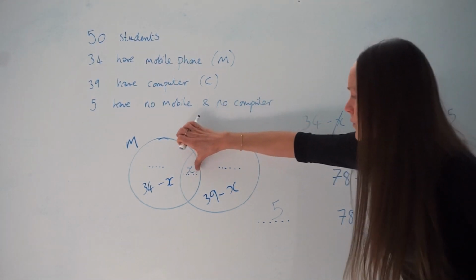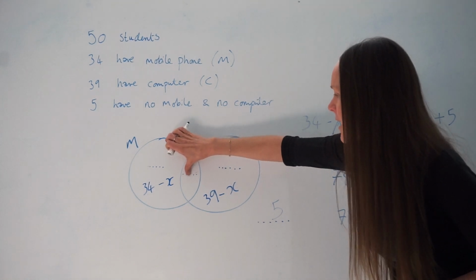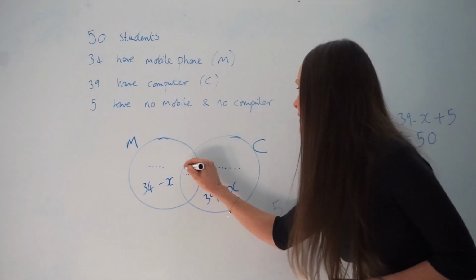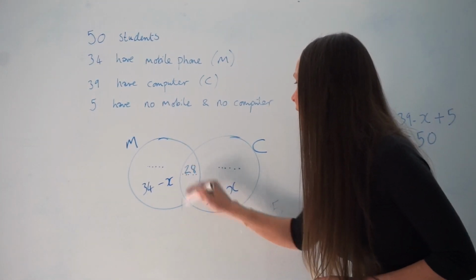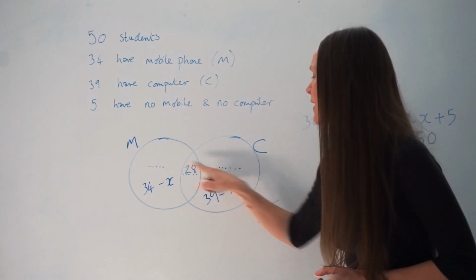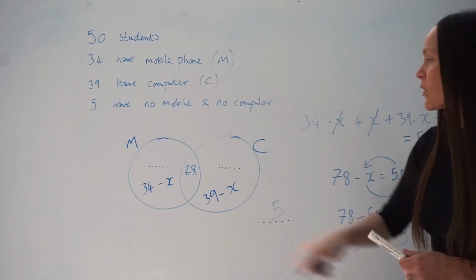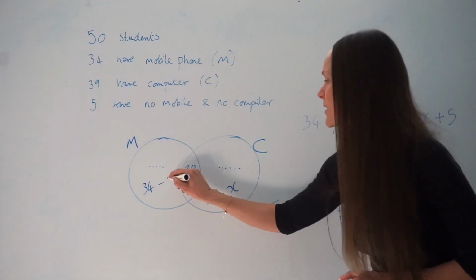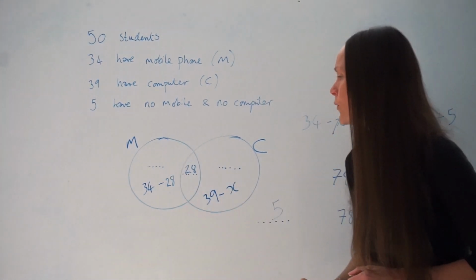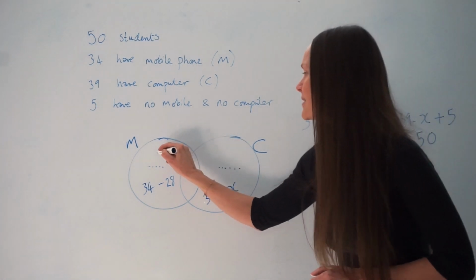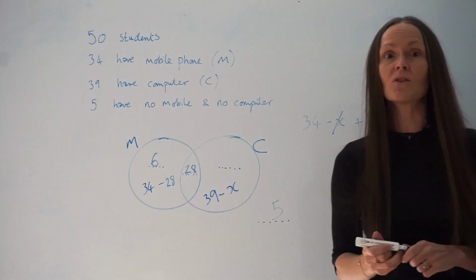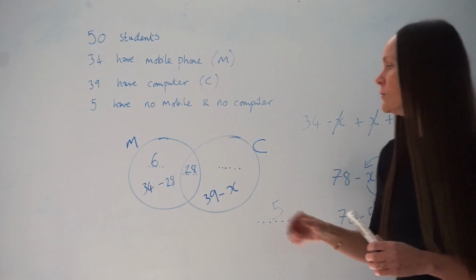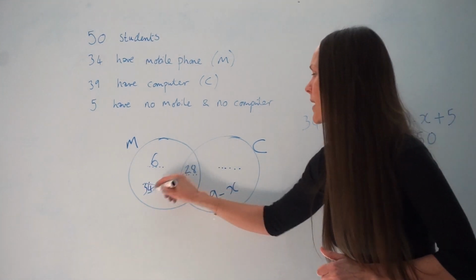Okay, so I'm just going to rub out the value of x here and change it to 28. And now we can work out the numbers that go on the left and the right here too. Because x is 28, I have to subtract 28 from 34, which gives me 6. So they're the number of students that own just a mobile phone. Okay, I'm just going to cross this out now.